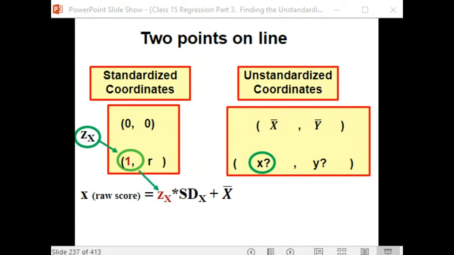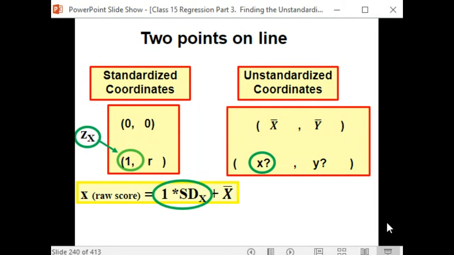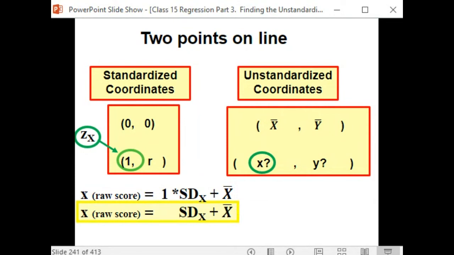Now, we know already that the z of x for the 1r point is equal to 1. So in the equation, we'll substitute 1 for the z of x. So we now have a new equation. X is equal to 1 times the standard deviation of x plus the mean of x. Now, of course, 1 times the standard deviation is equal to the standard deviation, so we can just simplify the equation, and we get a new equation.